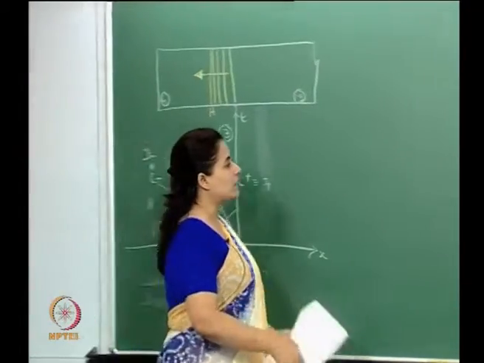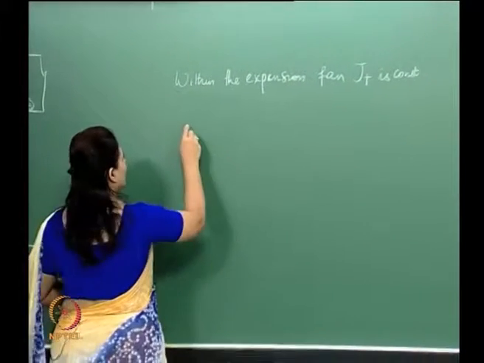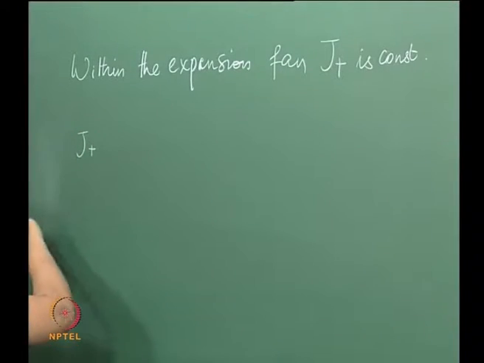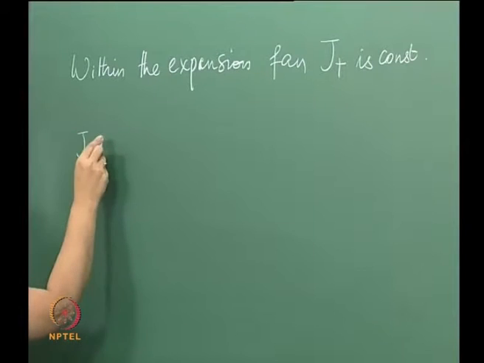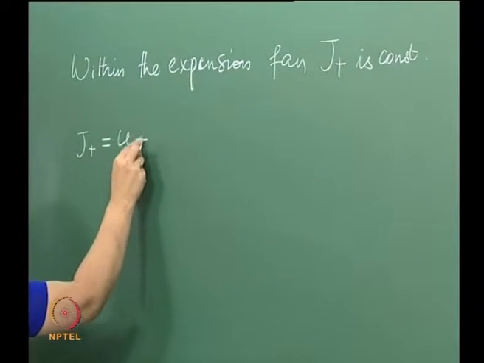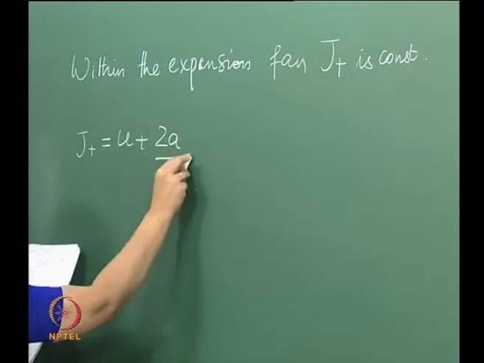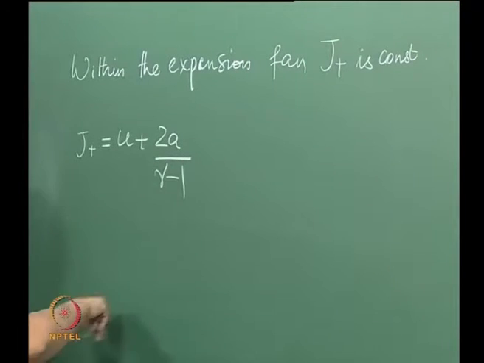Now J plus within the expansion fan is equal to u plus 2a by gamma minus 1, right.